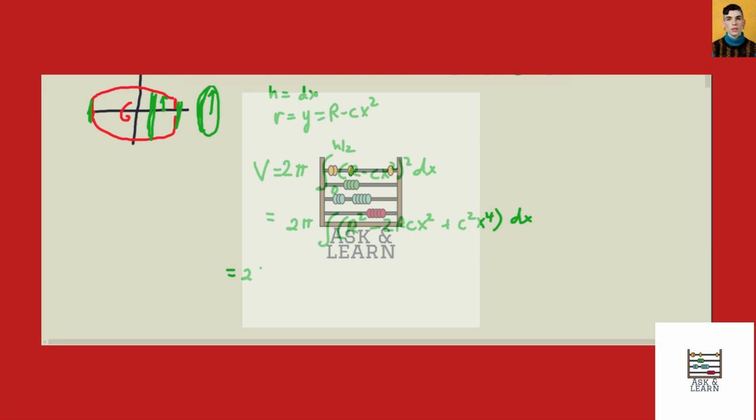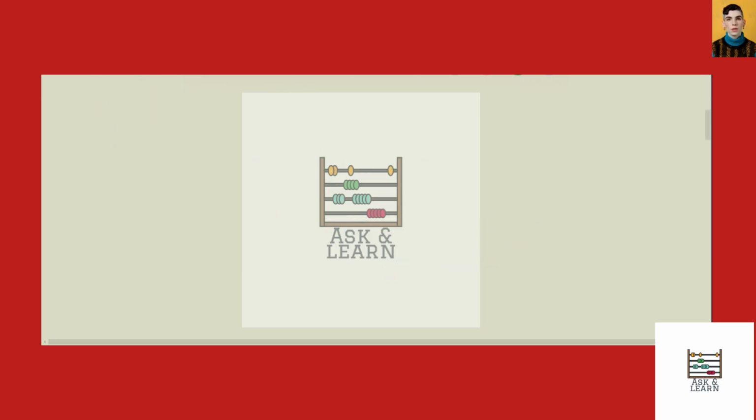So 2 pi, r squared x minus 2rc x cubed over 3 plus c squared x to the fifth over 5, from 0 to h over 2.